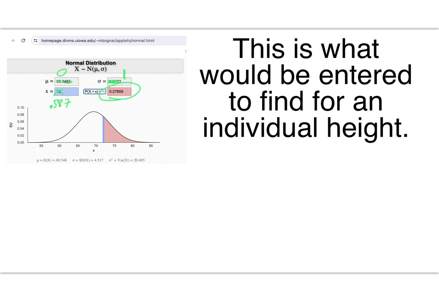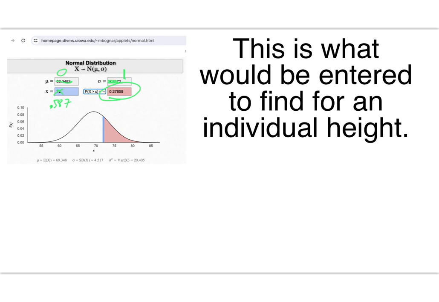All right, and then again, the important part is the interpretation statement. So you would write a sentence that would say something like, there's a 27.86% chance that a randomly selected person is over 72 inches tall.